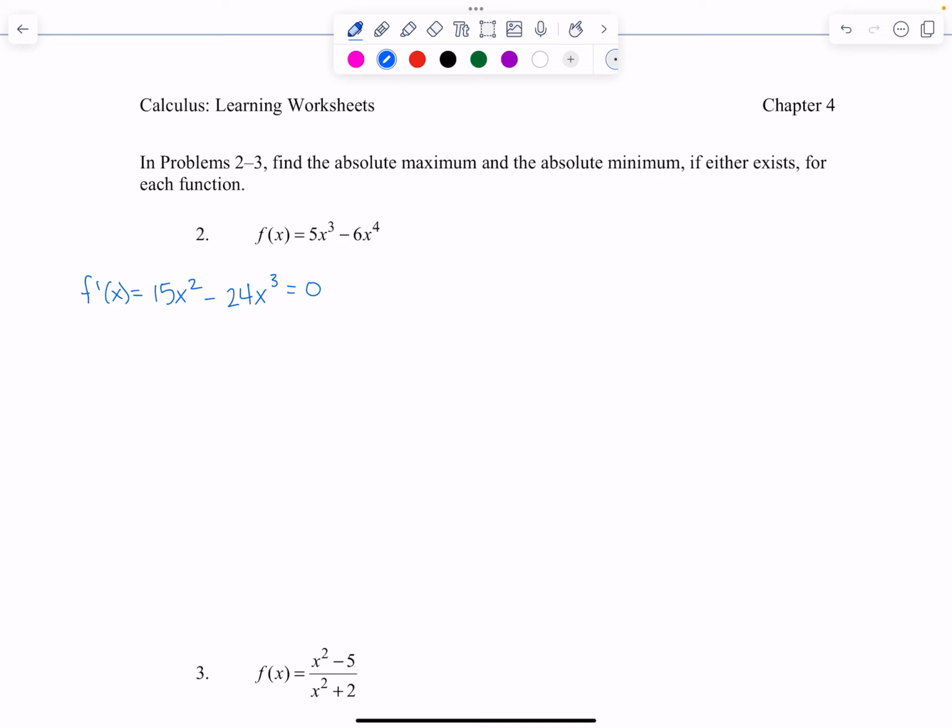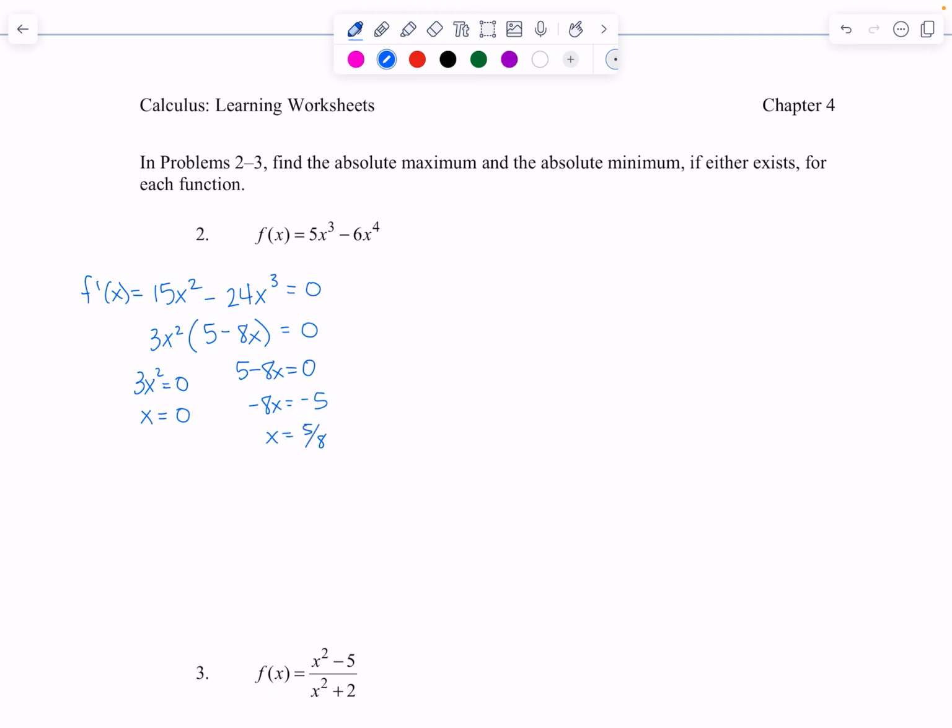Our critical values are when this is 0, so let's factor 3x squared out. We'll have 5 minus 8x. If 3x squared equals 0, x will equal 0. And if 5 minus 8x equals 0, then negative 8x equals negative 5, x equals 5/8.